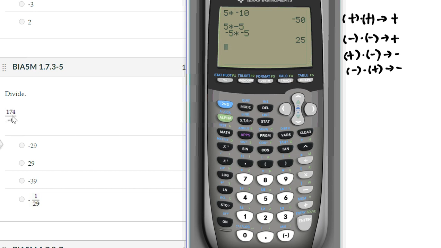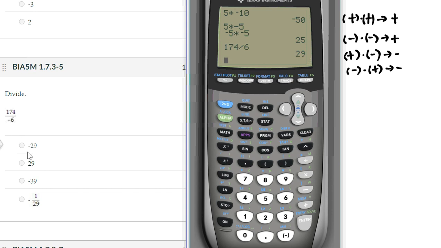This is 174 divided by negative 6. What you first do is 174 divided by 6. You know that's 29. But here, remember, negative. Positive divided by negative or negative divided by positive, you always get negative.